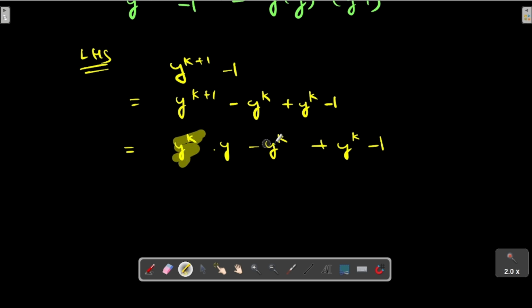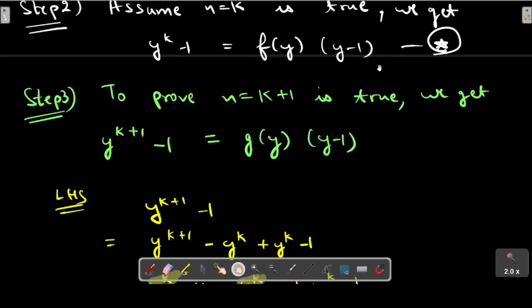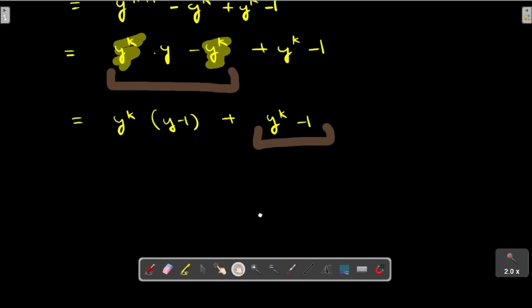From here, can I take y to the power of k out, right? So this gives y to the power of k times y minus 1, plus y to the power of k minus 1. Now, let's focus on this chunk, y to the power of k minus 1. What is it from the star part? It's f of y times y minus 1.